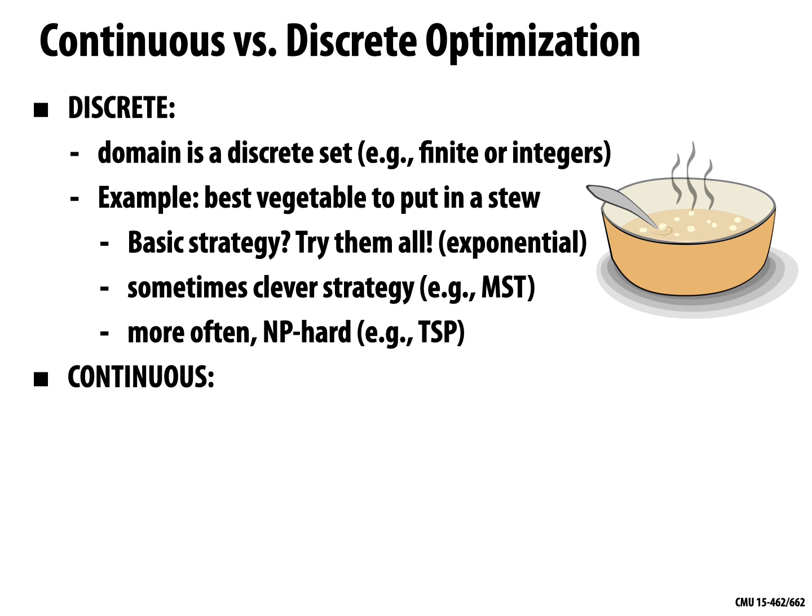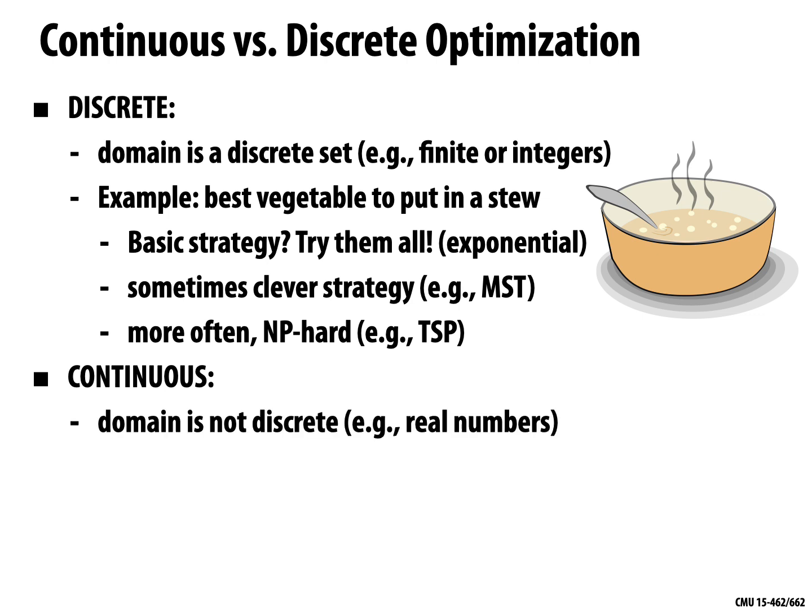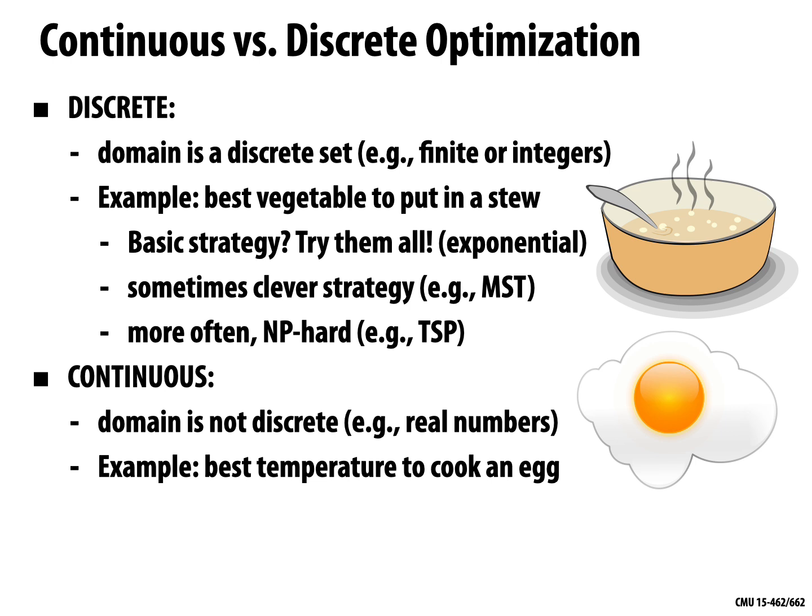What about continuous optimization problems? What does that mean? Well, that now means that the domain is no longer a discrete set. So rather than variables that take values in a discrete set, you might have something like real numbers. Right? They can take any real value. A kind of, again, silly example would be, what's the best temperature to cook an egg?